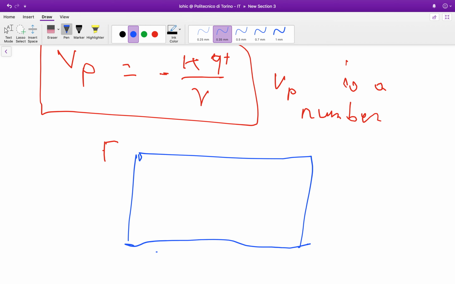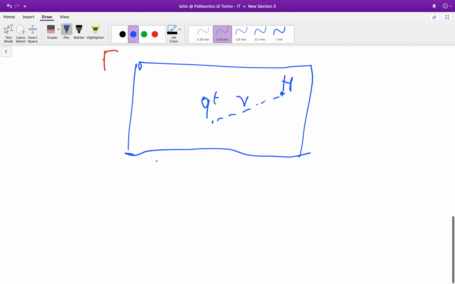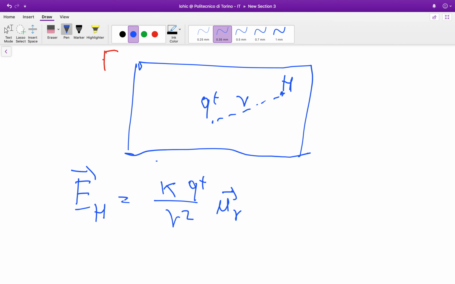In this space we put a charge Q, a positive charge Q, and I take any point H in the space and assume that the distance from this charge to H is R. We know that the electric field at the point H will be equal to K divided by R square multiplied by Q plus, but we need to give it a direction, UR.